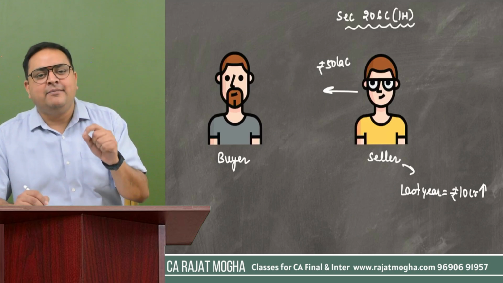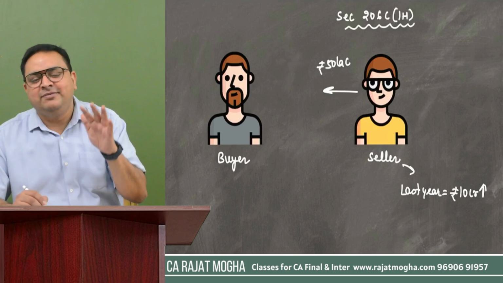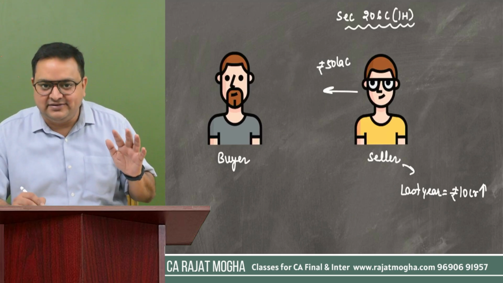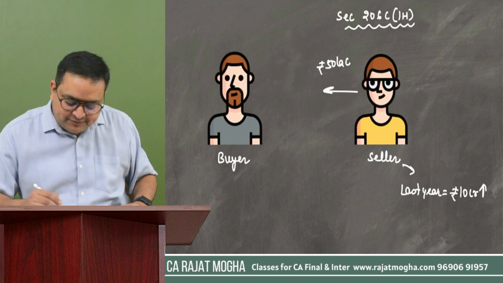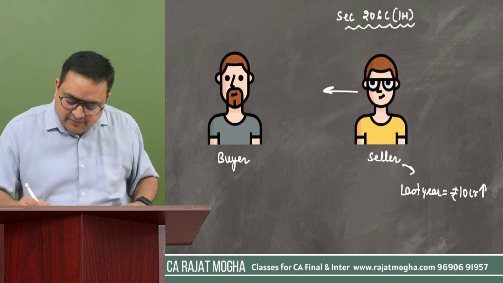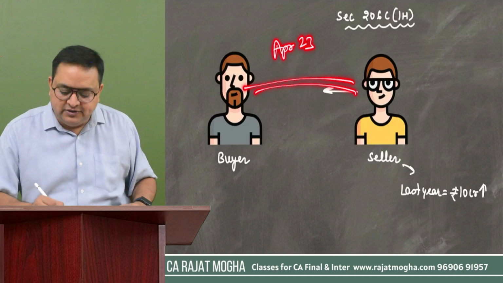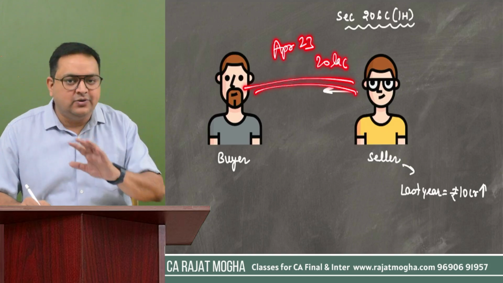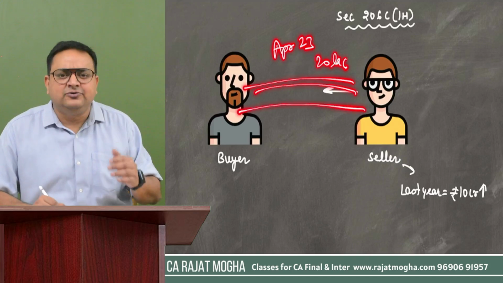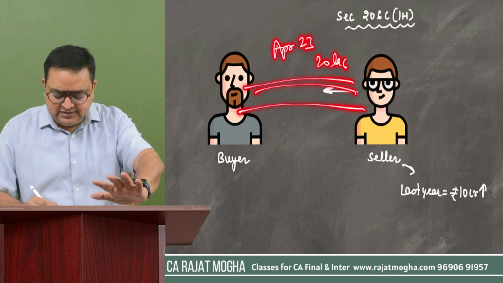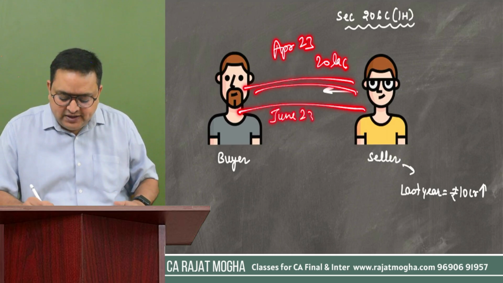Why a nominal amount? Just because the income tax department would like to track these transactions, right? So let's say in the month of April 23, during this previous year, this person has sold goods of rupees 20 lakh. No need to collect TCS. Second transaction also, let's say this is happening somewhere in June 23.